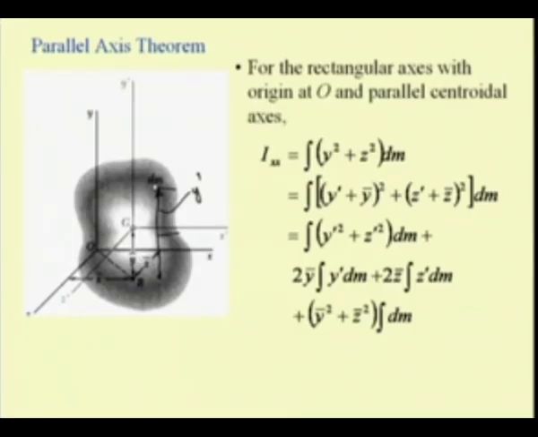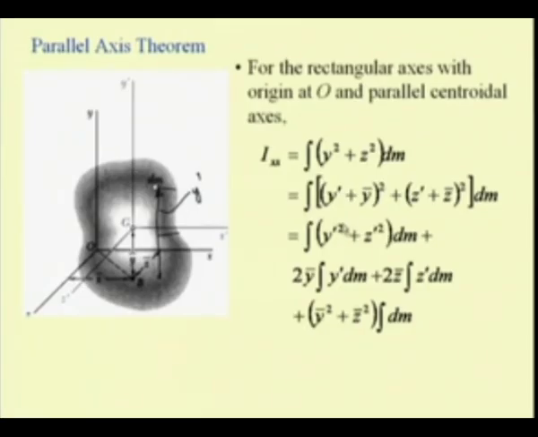So, we have y square as y prime plus y bar, whole square. In the same way, z square is z prime plus z bar, whole square. Let us now expand this and write. So, we have these two quantities, that is the integral of y prime square plus z prime square dm.